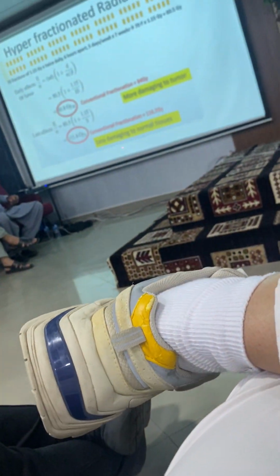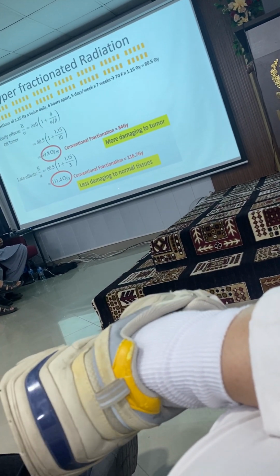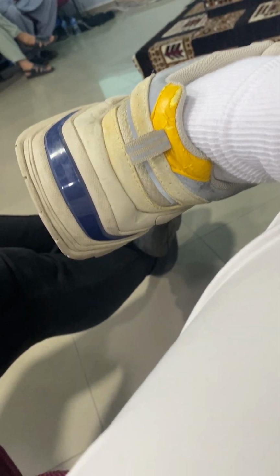So it means it will be less damaging to the normal tissue. This is the clear-cut radiobiological basis for hyperfractionation causing fewer side effects. Fractionation has been used since the early days of radiation oncology. Another example of this is hyperfractionation in pediatric brain tumors.